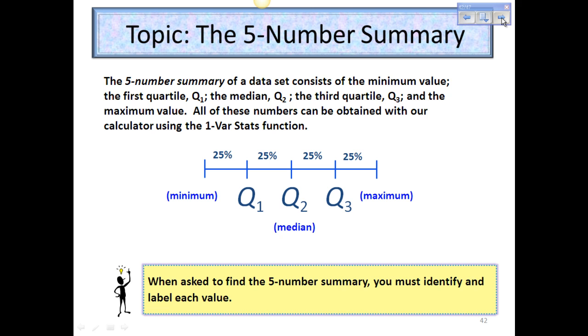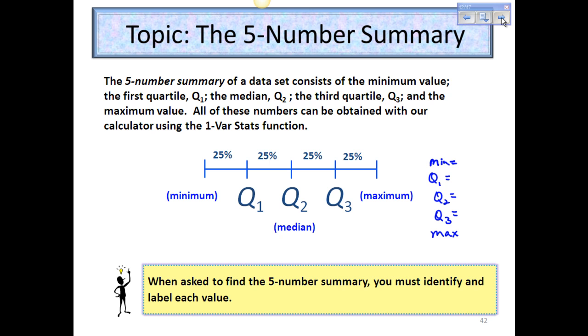When asked to find the 5-number summary, make sure that you identify all 5 values and that you label each value. In other words, I want to see minimum written equal to a number, Q1 equal to another number, either median or Q2 equal to a number, Q3, and maximum.